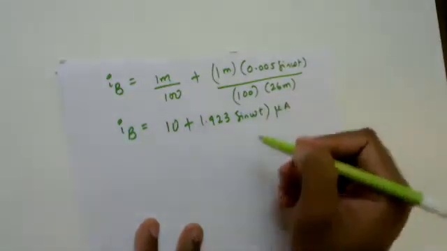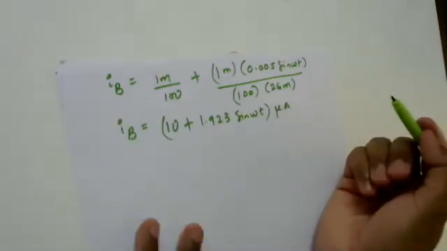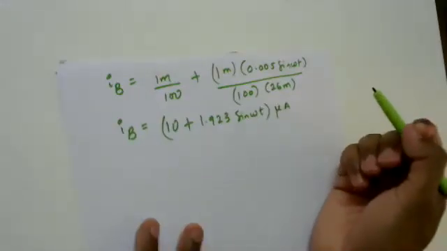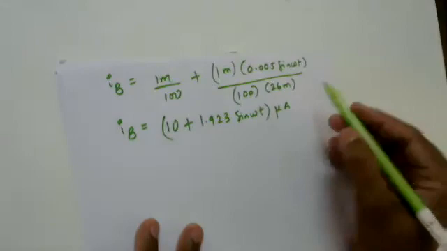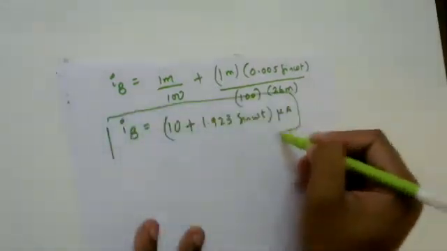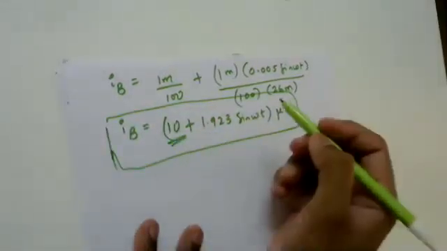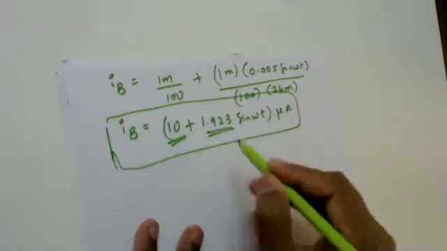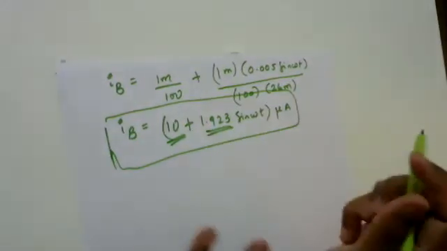Is it clear? So this is what we have to compute. Again, the first term is talking about the DC quantity, and this is talking about the AC quantity. Okay, fine.